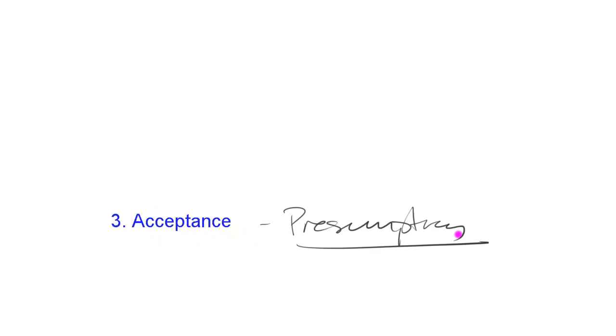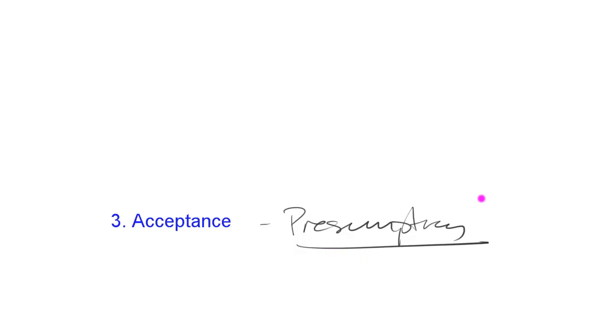Let's go to the last element, which is relatively easy. It is acceptance. This is a relatively easy element, and on an exam, you can write this because if you've got intent and delivery, you normally automatically have acceptance. That is, there's a presumption of acceptance once a gift has been delivered into the hands of the gift recipient.